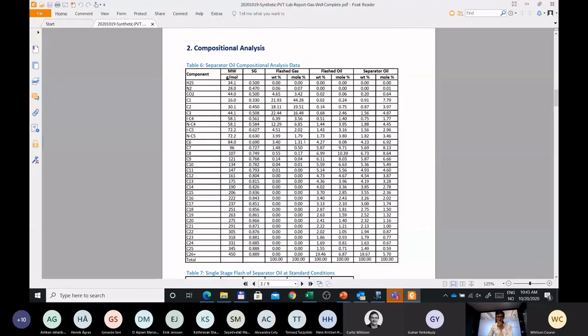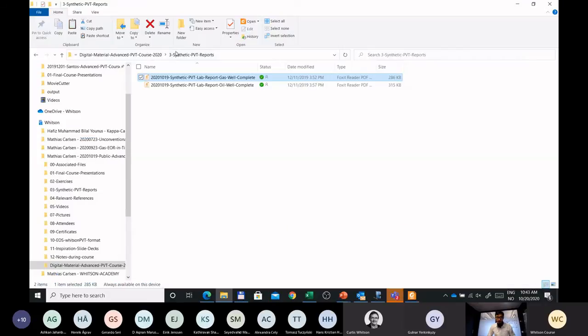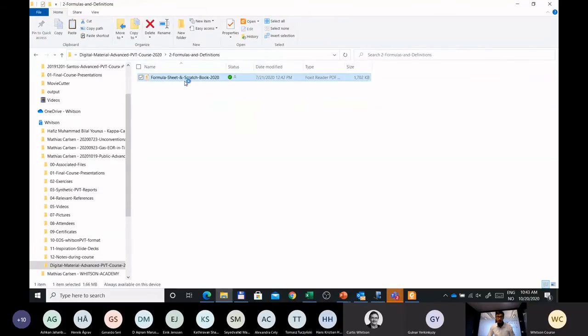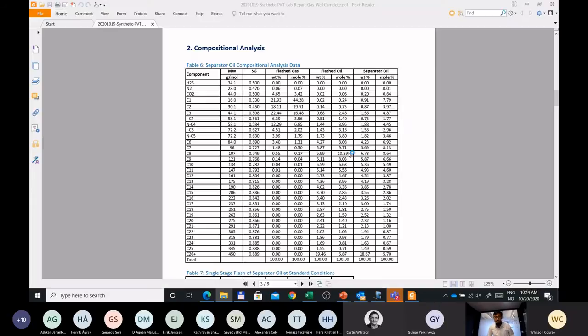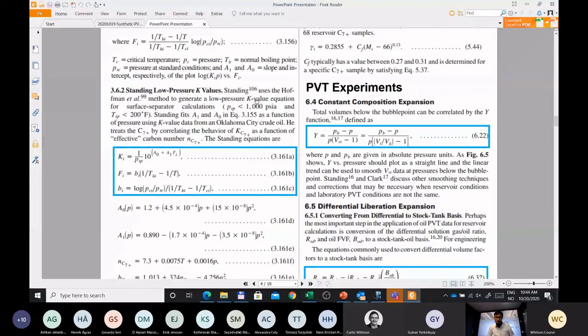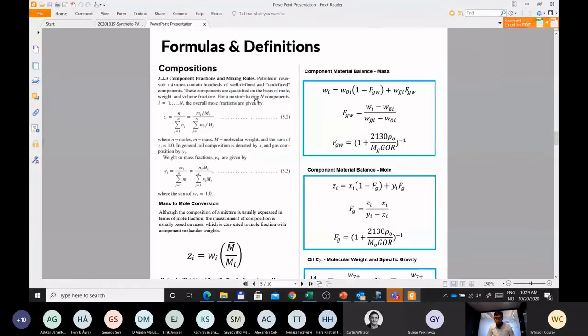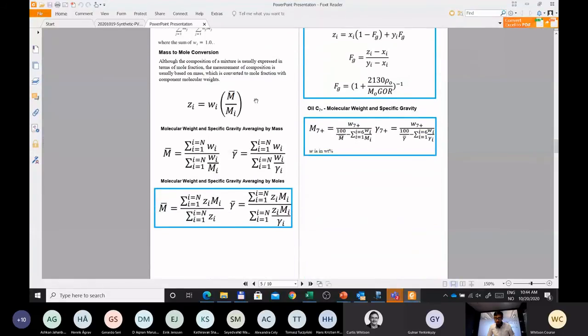And also we need to open the formula sheet. Yeah, so if I just show you.